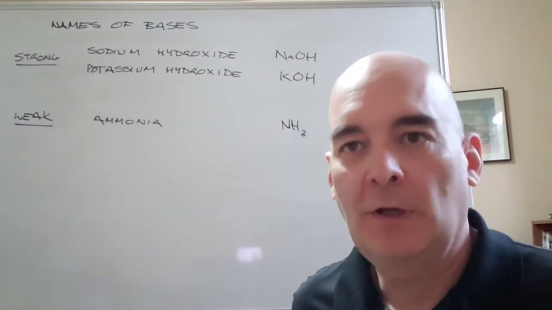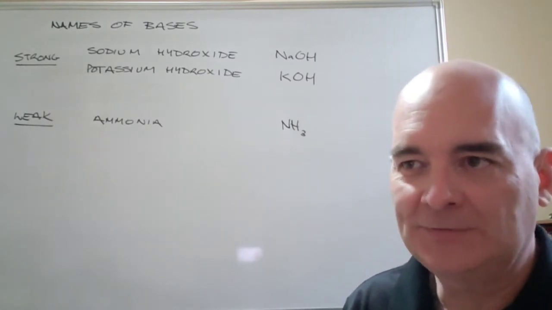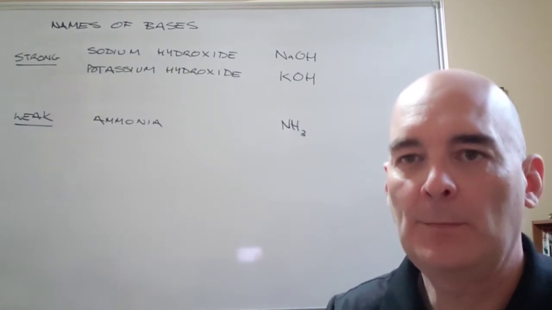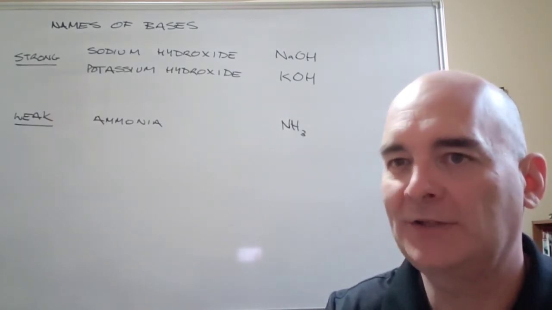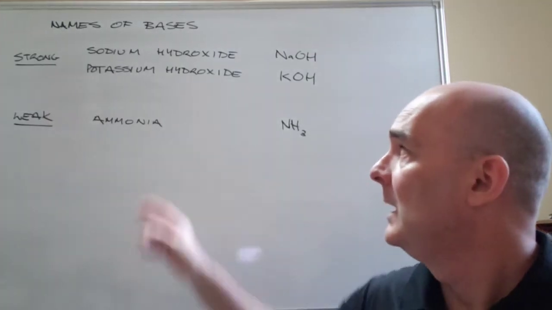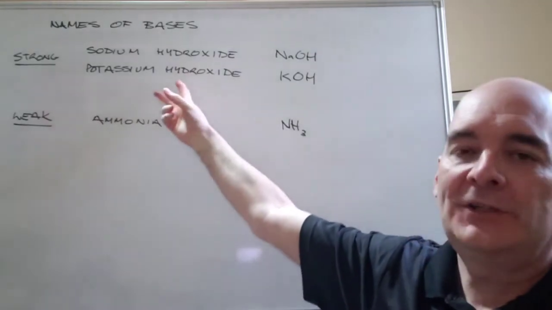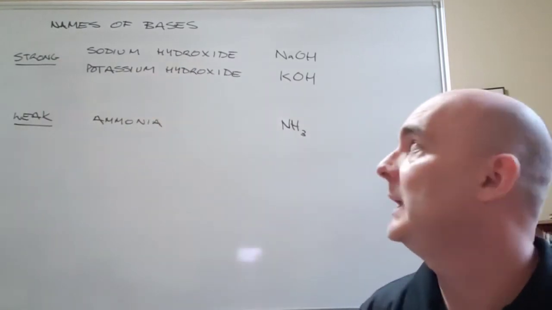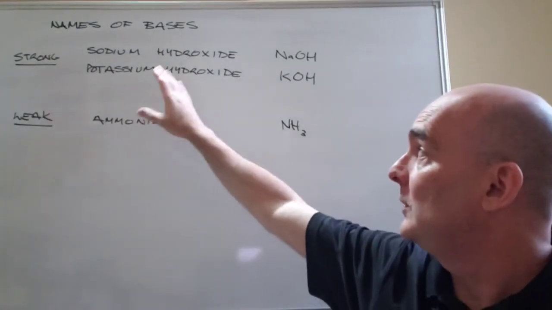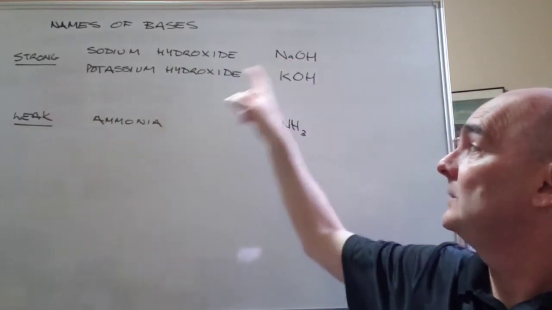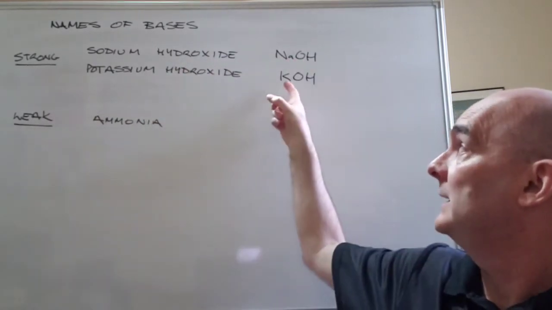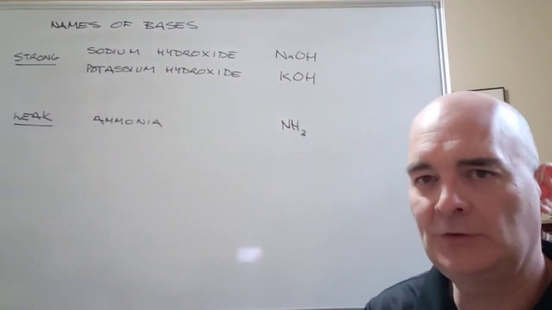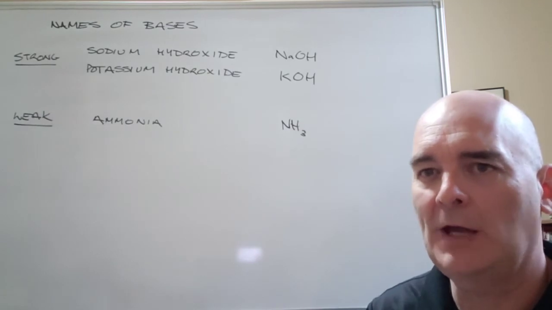The opposite of an acid is a base. So while acids put H+ into solution, bases are going to take H+ out of solution. And we have 2 very, very strong bases that are also very cheap. So these two dominate the market, and they are sodium hydroxide, NaOH, and potassium hydroxide, KOH. Pay attention to the spelling of potassium. It's something that students spell incorrectly all the time.